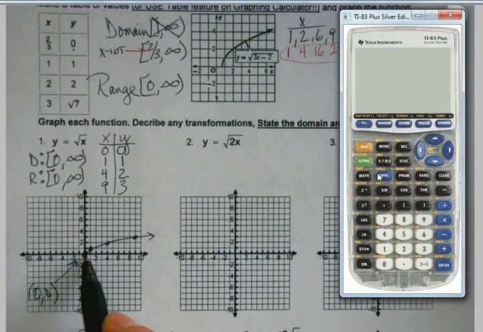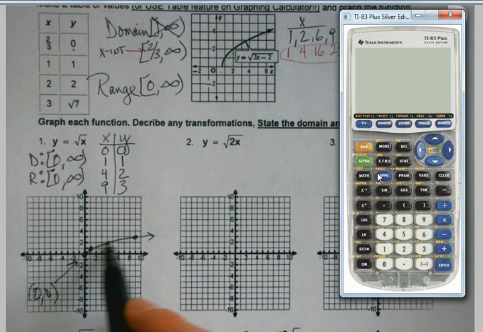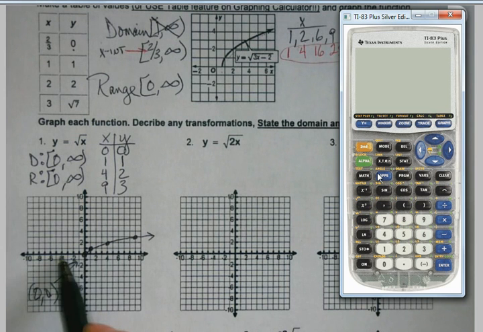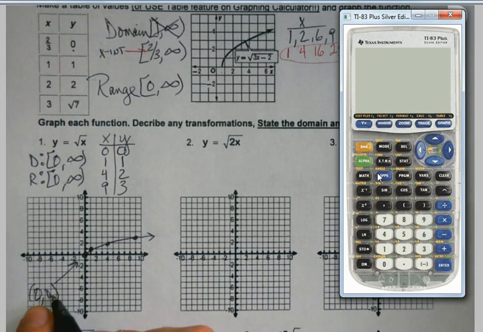Here's my furthest left point on my graph. It goes off to infinity. That's my domain. Here's my lowest point on my graph. It goes up and up and up forever. That's my range. So there's a direct correlation between your starting point and where your domain and range are going to start.